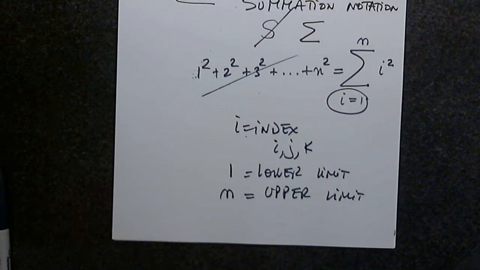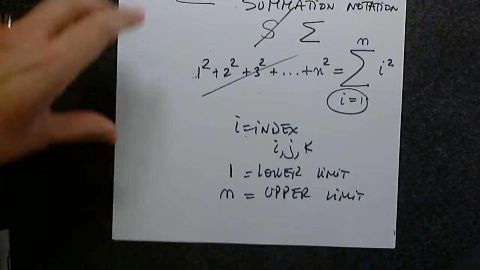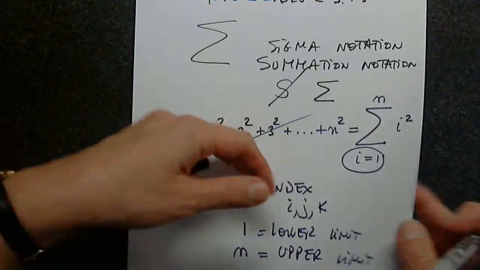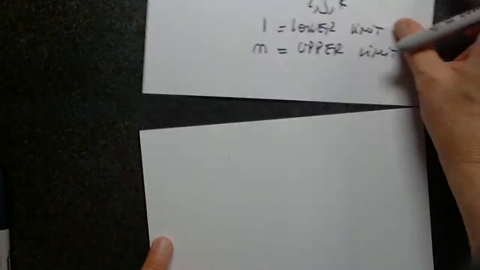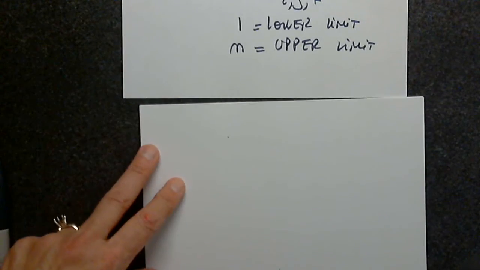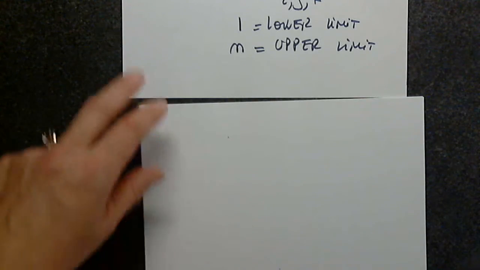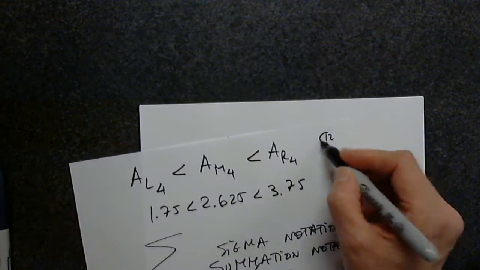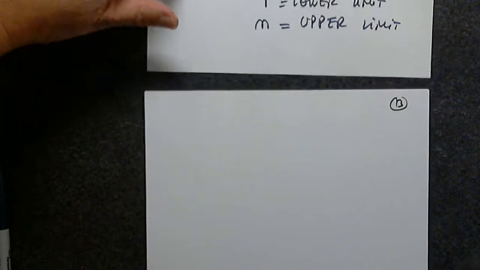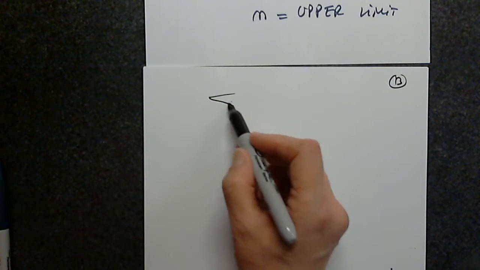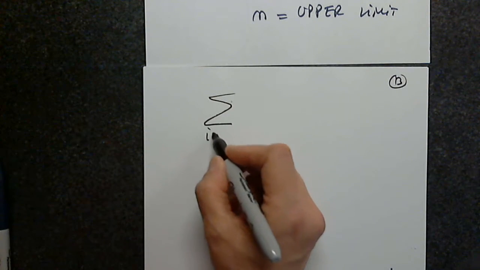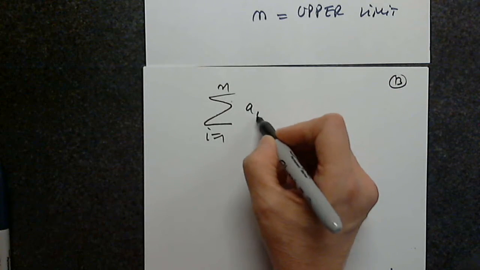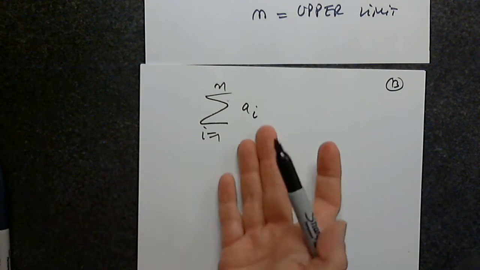At some point in time, of course, properties come along. The general notation is this: the sum from i equals 1 through n of a_i, which can be any term.